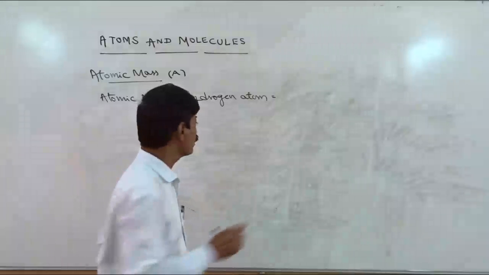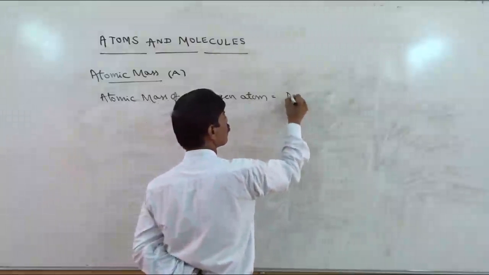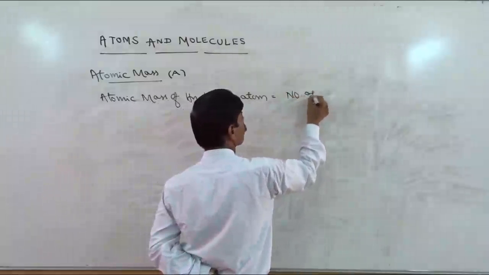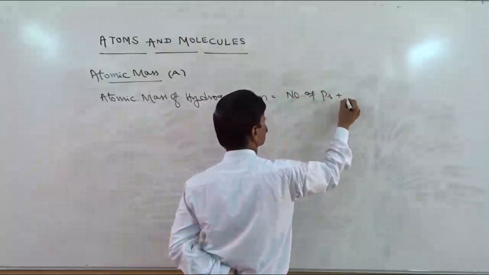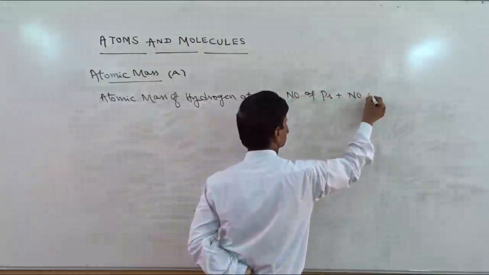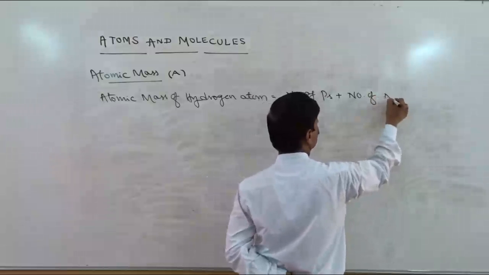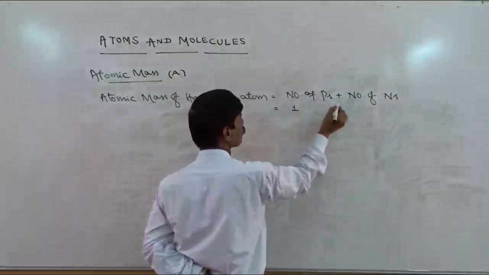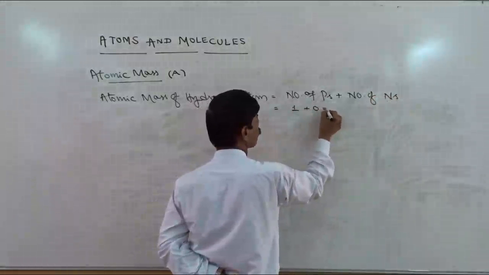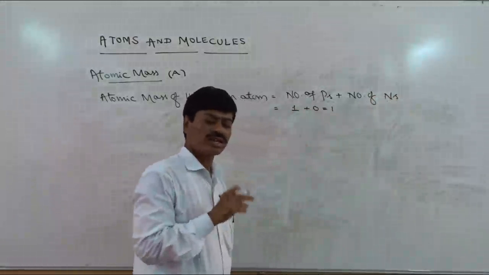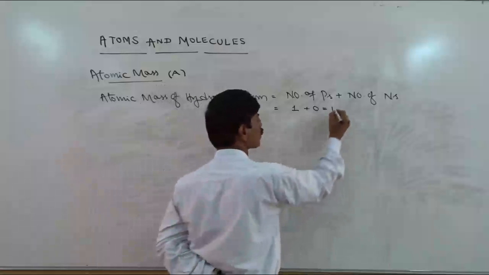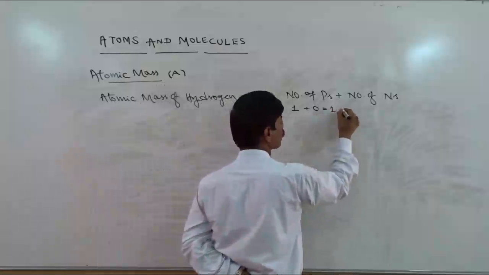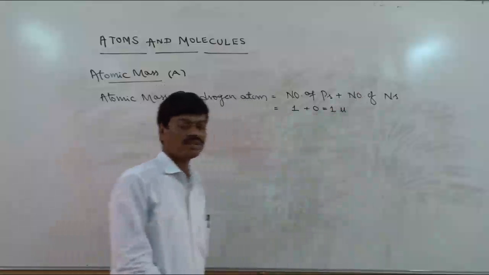Directly we can write, in this case, number of protons plus number of neutrons. Here the number of protons in a hydrogen atom is 1, number of neutrons is 0, therefore 1. So here, in place of AMU, we can write U as per IUPAC recommendation.